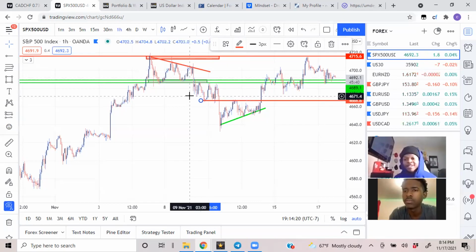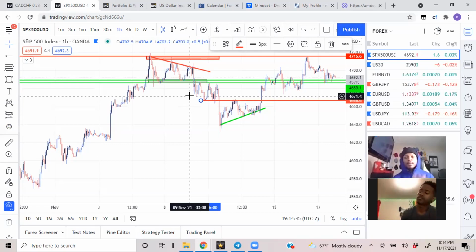But it moves in waves almost. So it goes up, it comes back down. It may go higher than it did before, or it may go lower than it did before. It moves in waves. So your support can always become your resistance, and your resistance can become your support.